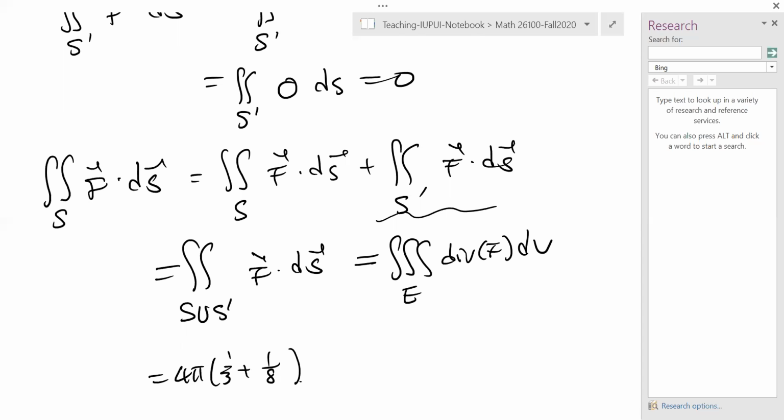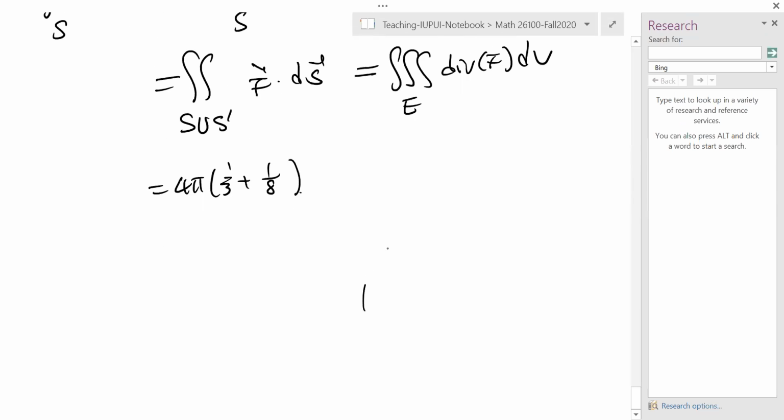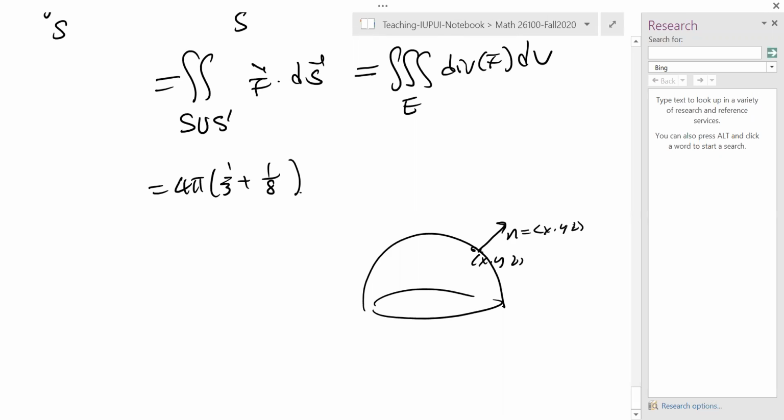This is a more tricky problem. You can also parameterize the surface directly and use a surface integral. It's not too bad, because it's easy to find the normal vector. For example, here's a sphere, the normal vector n at the point (x, y, z) is going to be (x, y, z), right?